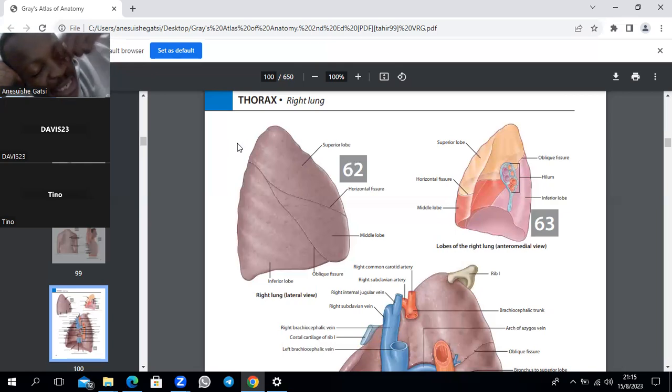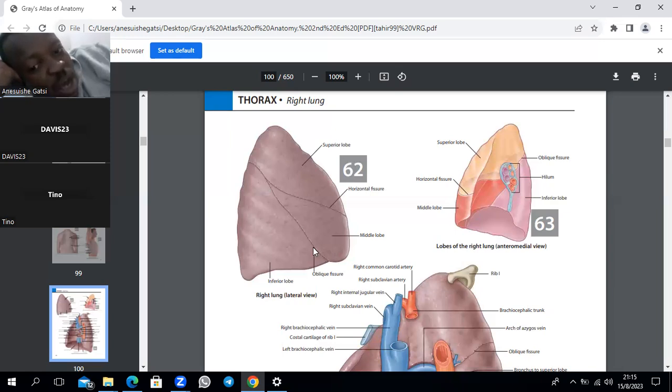So your lungs are divided into lobes by the presence of fissures. The right lung has 3 lobes: superior lobe, middle lobe, inferior lobe. And the 2 fissures that separate it into these 3 are the horizontal fissure and the oblique fissure.